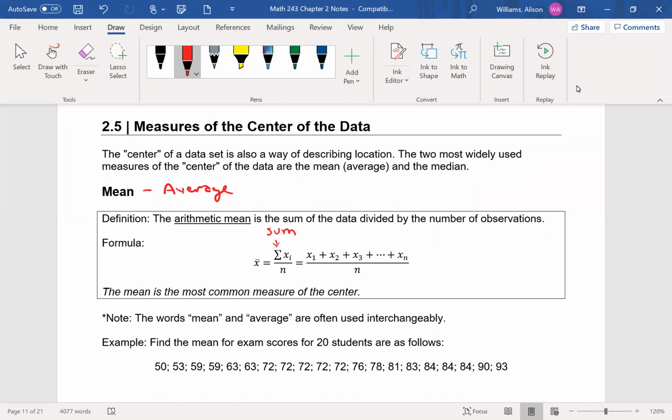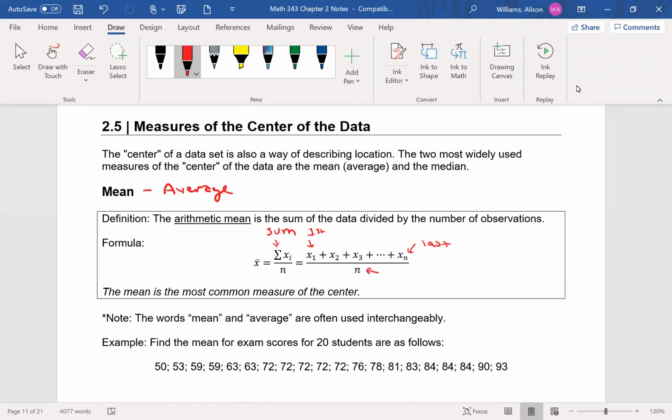Now notice they use x sub i to represent all the data values. i means that it could be anything from the first data value to the last data value. So if it's listed out, you'd be adding x sub 1 plus x sub 2 plus x sub 3, and you keep going until you get to the last data value. So this represents the last data value, this one the first. And since the last data value they labeled x sub n, that means there's n pieces of data, so they're dividing by n.